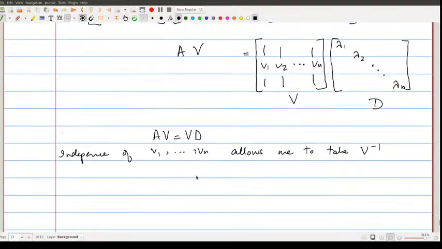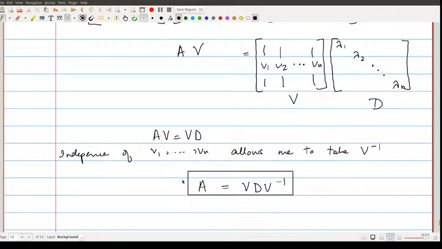So I can multiply by V inverse on both sides, right multiply them: A V V inverse equals V D V inverse. So this becomes the identity, V times V inverse, and we're left with just A equals V D V inverse. So that's the diagonalization process.